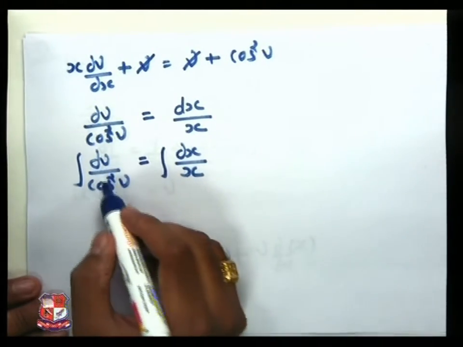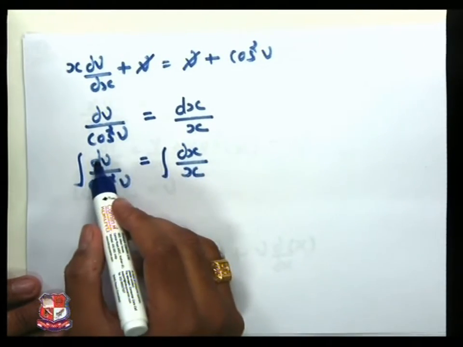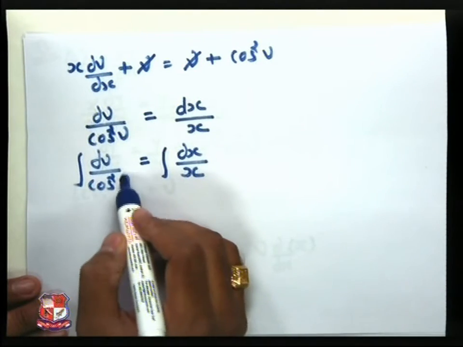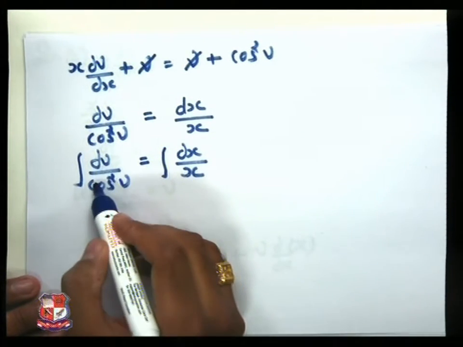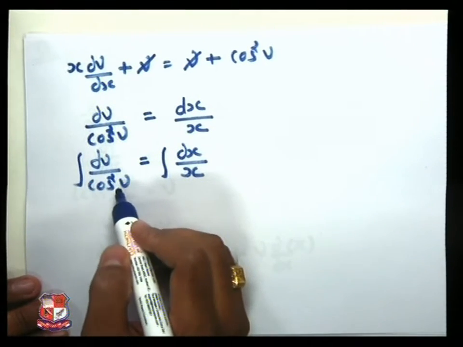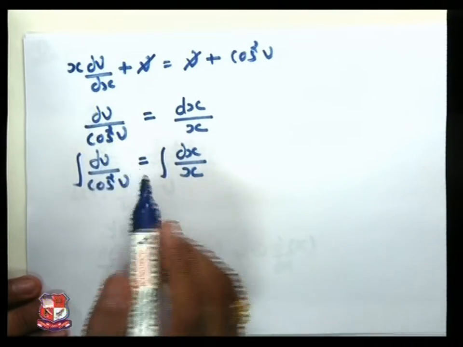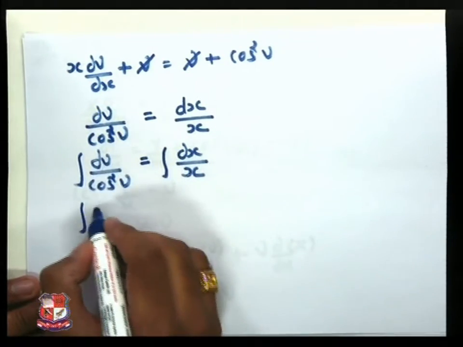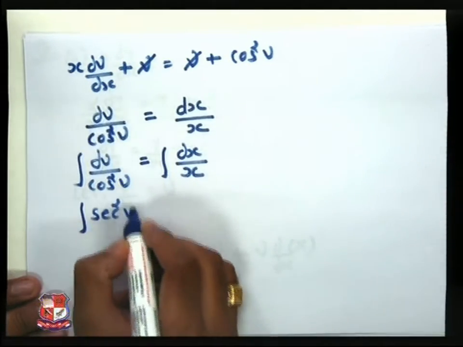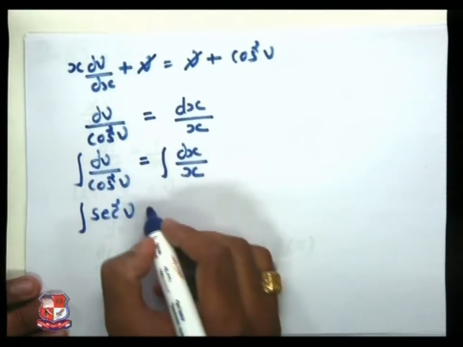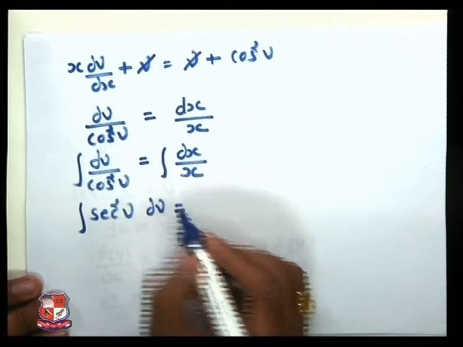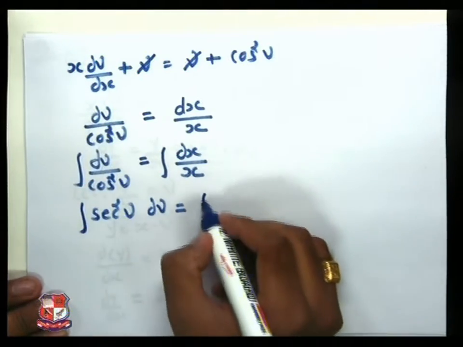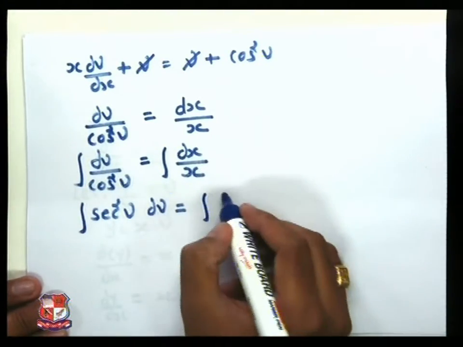Using the rules of integration, first we simplify the left hand side: 1 upon cos square v is sec square v, so we have sec square v dv equal to the integration of dx by x.